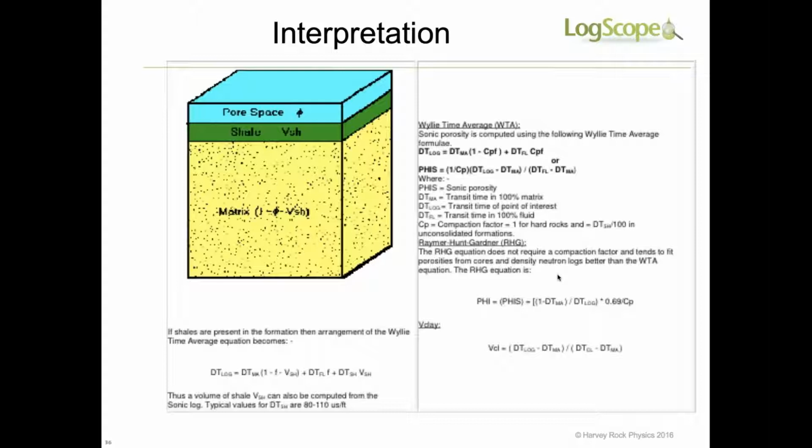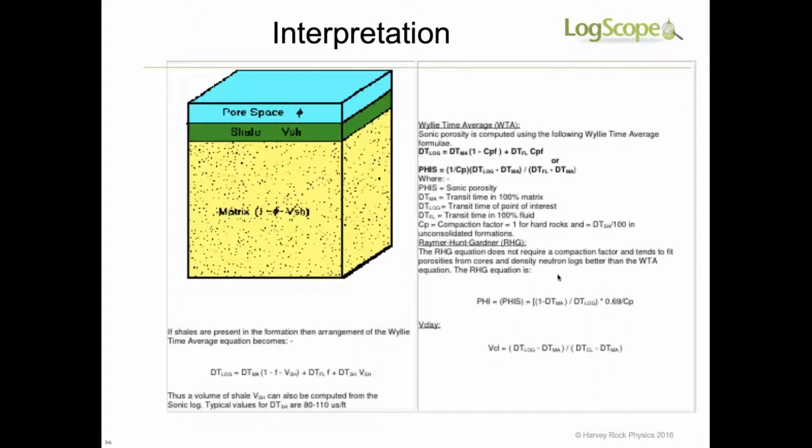If we take the sonic tool and we use the Wyllie time average equation, we basically take the sonic log value minus the value in matrix divided by the fluid minus the matrix value. There is also a compaction factor that's included, and this is because rocks compact over time.